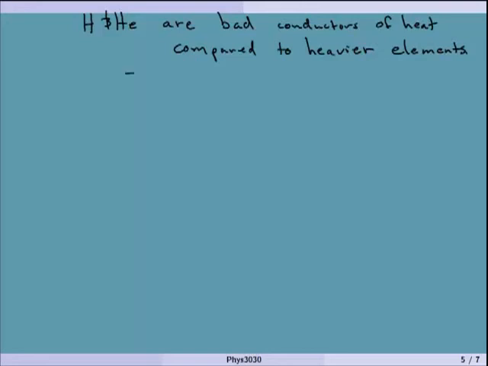And so what ends up happening is the Jeans mass for a star that has a bad conductor in it is much larger. Okay, and it's much larger because the hydrogen and helium are bad conductors. Okay, so what does this mean?